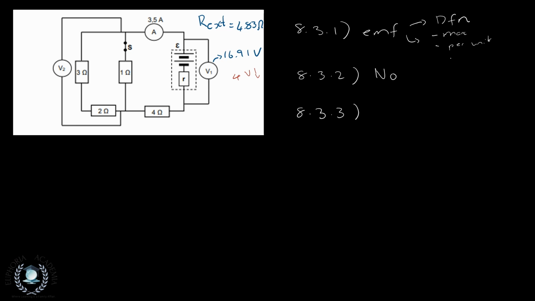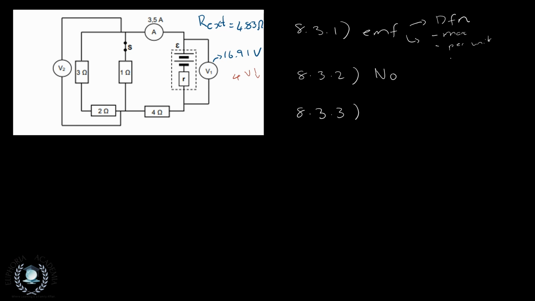But the EMF of the battery is the maximum amount of energy the battery can supply. It does not mean that it is the total amount of energy that is going to be read or felt throughout the whole circuit.